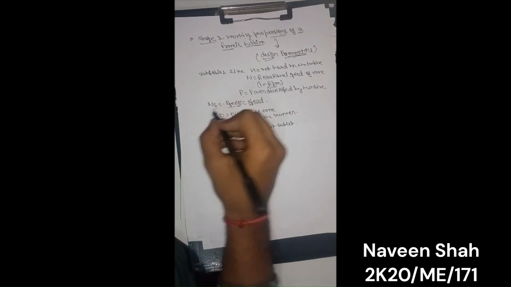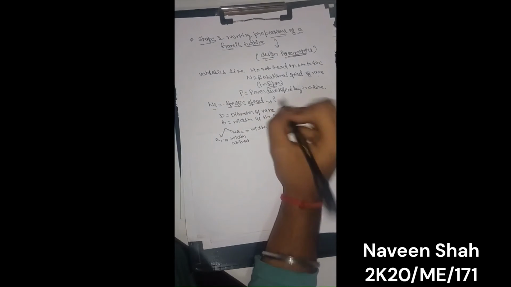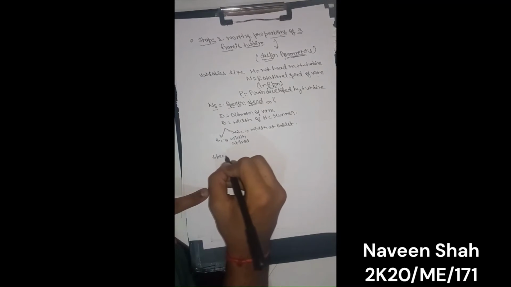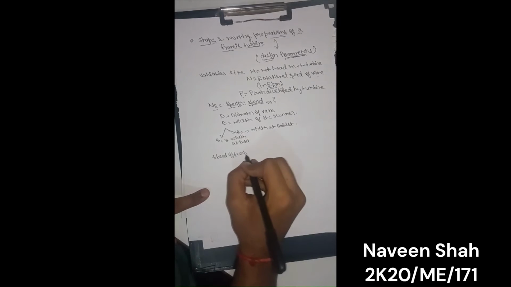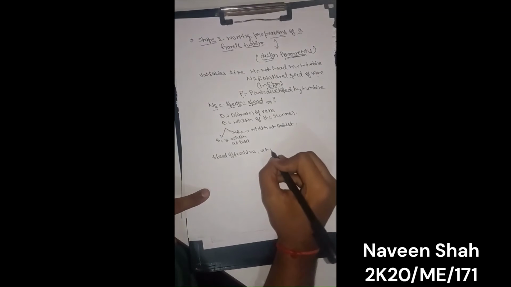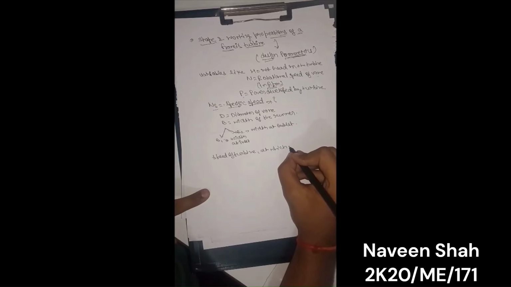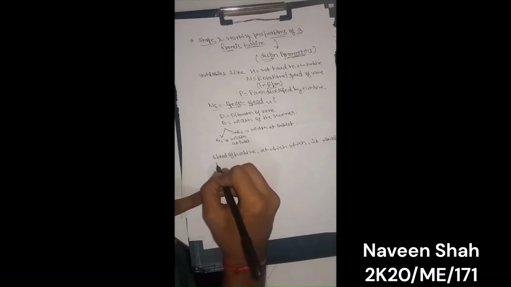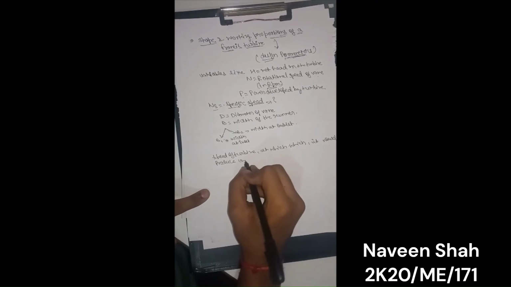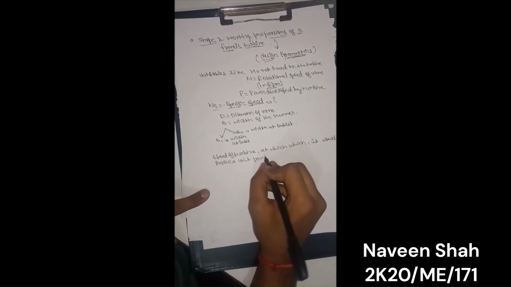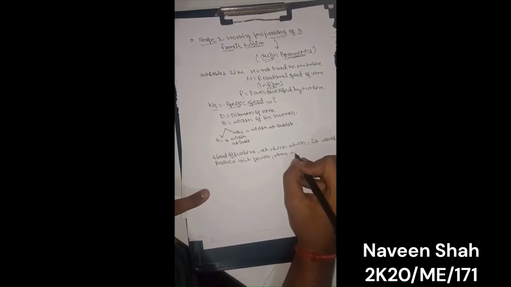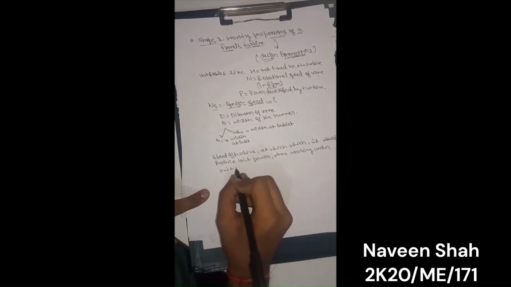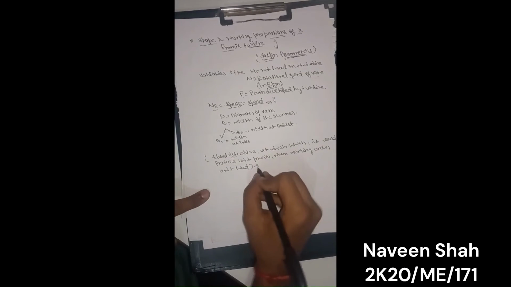Specific speed is nothing but the speed of the turbine at which it would produce unit power when working under unit head.